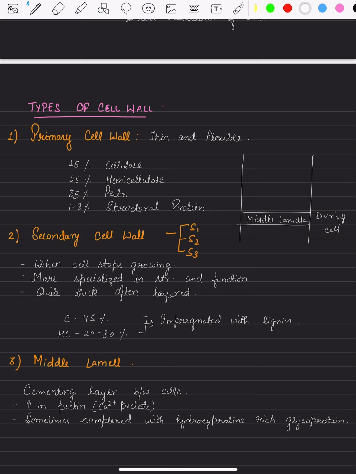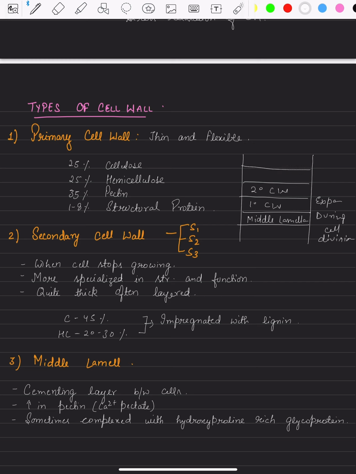Once the cell division is completed, the primary cell wall is formed at the time of expansion. Once the expansion takes place, the secondary cell wall is formed.